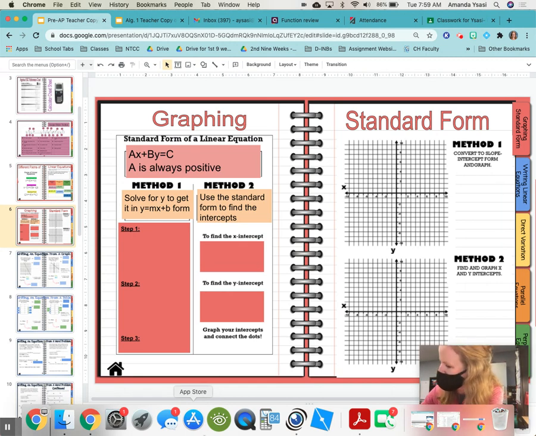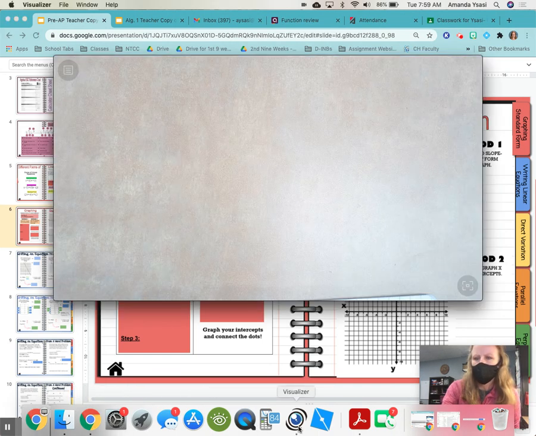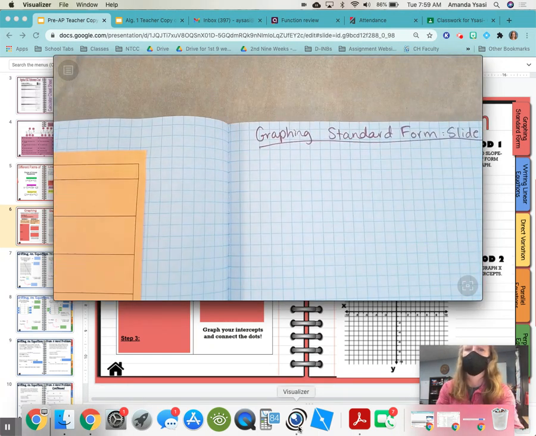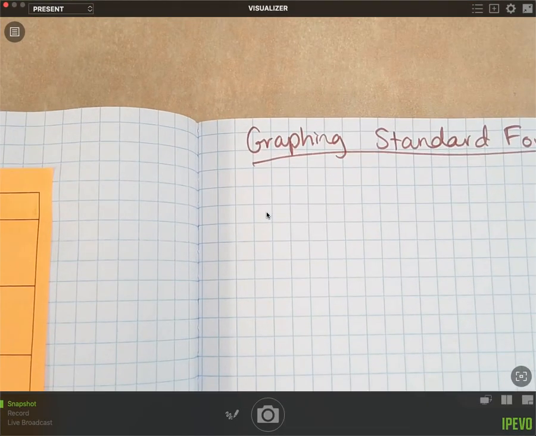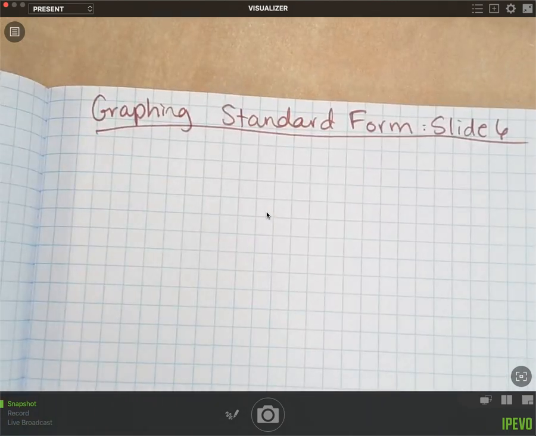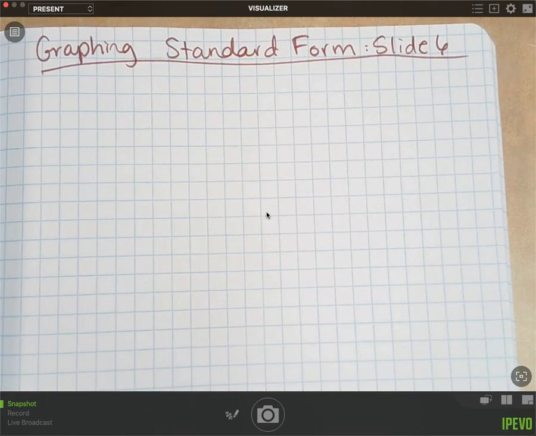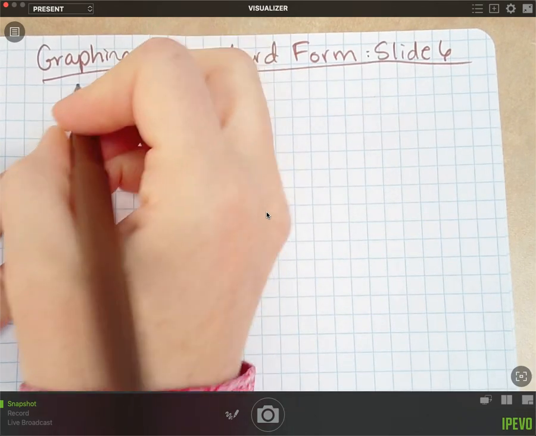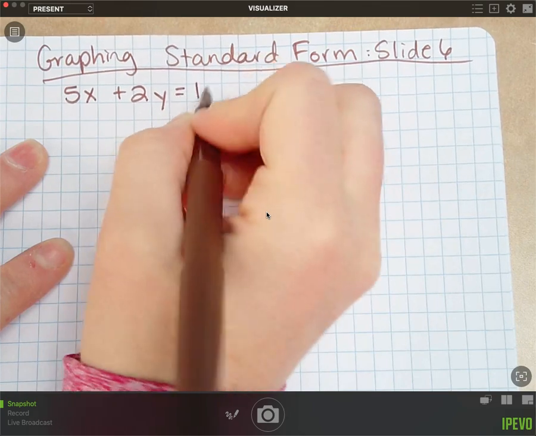Slide 6. Our equation that we are going to graph, our function, is 5x plus 2y equals 16.